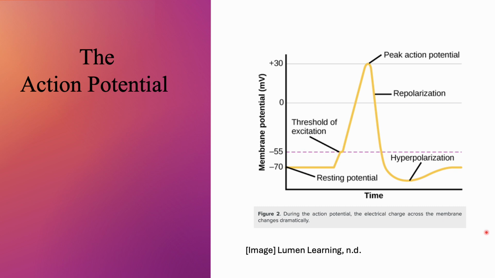But then it will head back towards resting potential, which means that our sodium channels will return to their resting state, and the majority of them will close and be ready to open again, and then the extra potassium ions will diffuse out of the cell through the potassium leakage channels, bringing the cell from its hyperpolarized state back to its resting membrane potential.